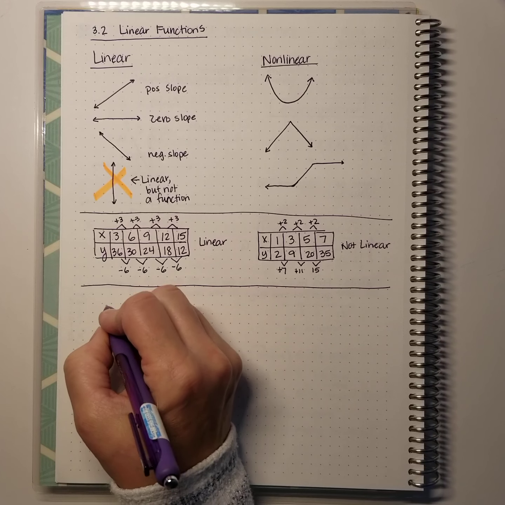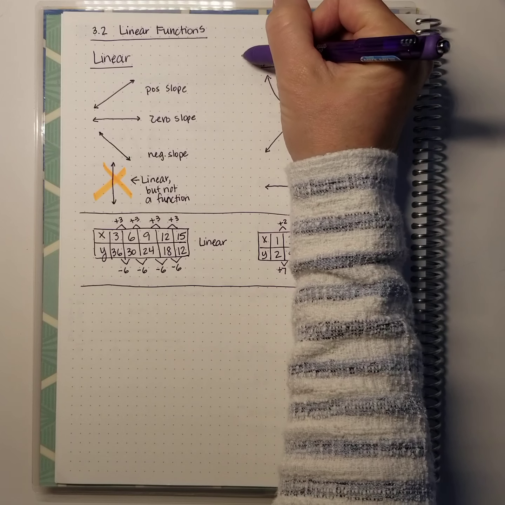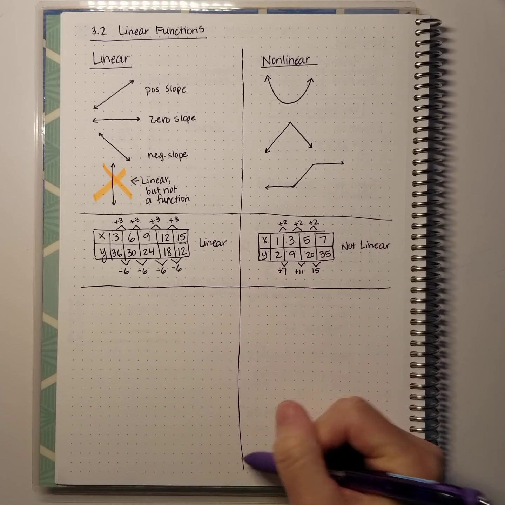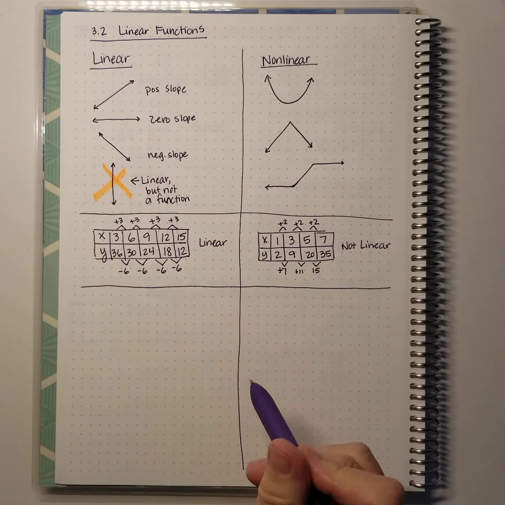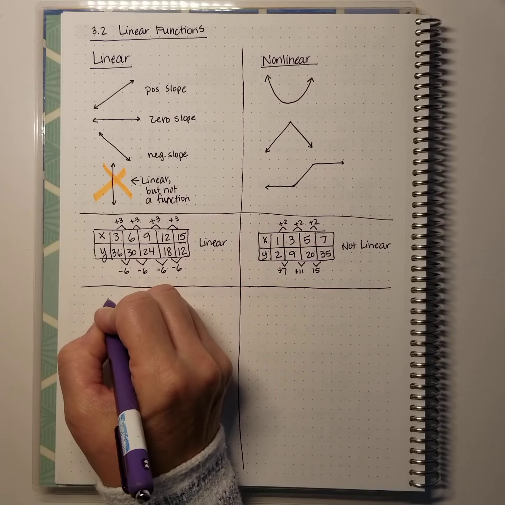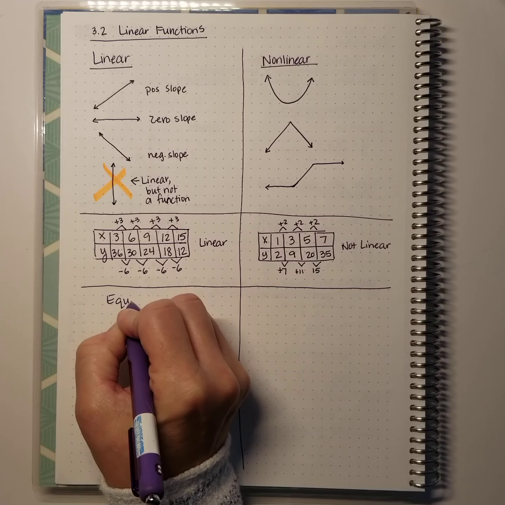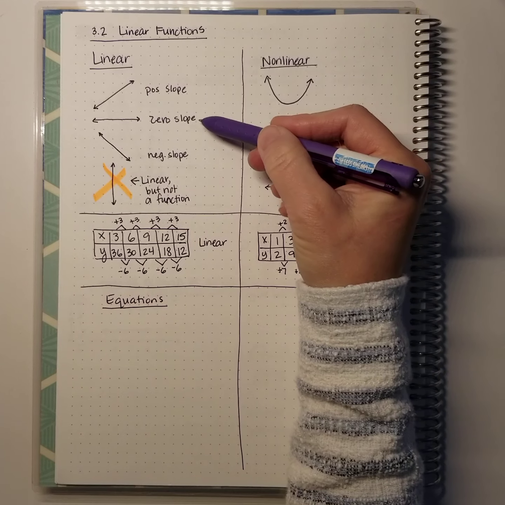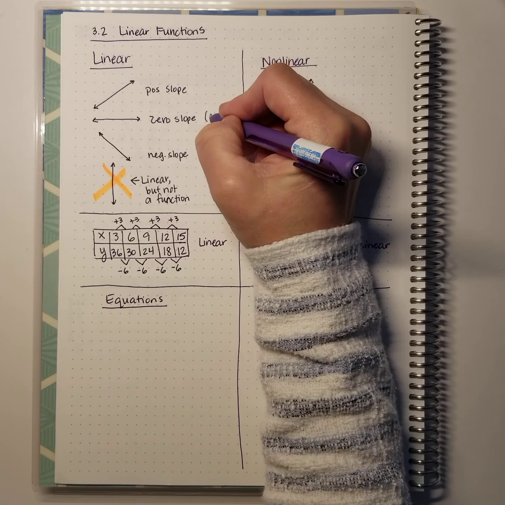The other way you might see it is from equations, and I'm just going to put a nice little line down here so we can really see the linear side versus the nonlinear side. So let's talk about equations. We know that a zero slope is what we call a constant function.